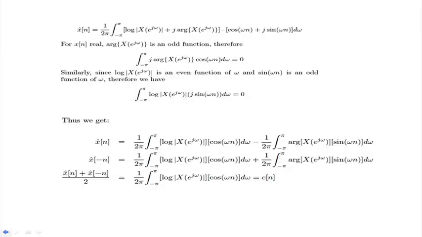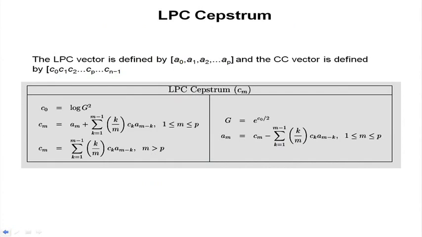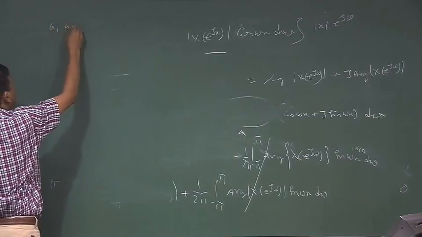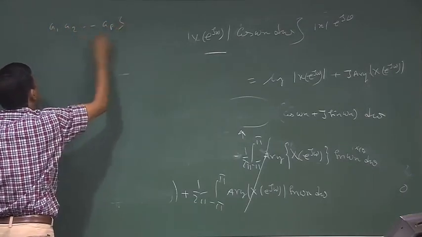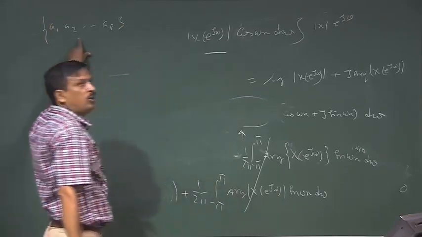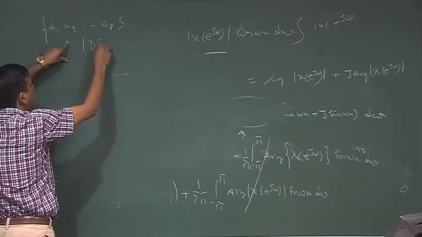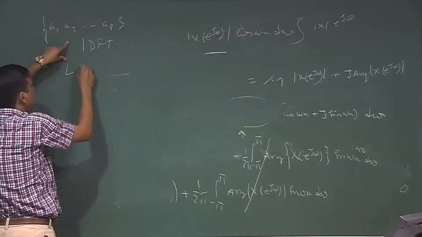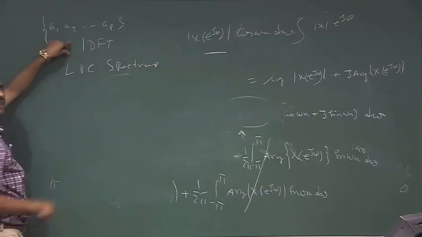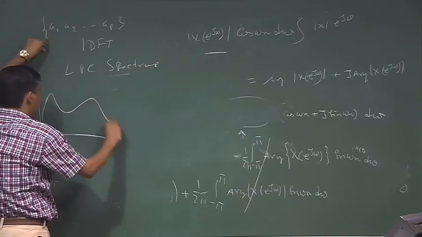Okay. Now, come to another one, which is called the LPC spectrum. So what is the LPC spectrum? We said that if I have a signal x, and A1, A2, up to AP are my LPC coefficients of pth order, then if I take the DFT of this, I get the LPC spectrum.